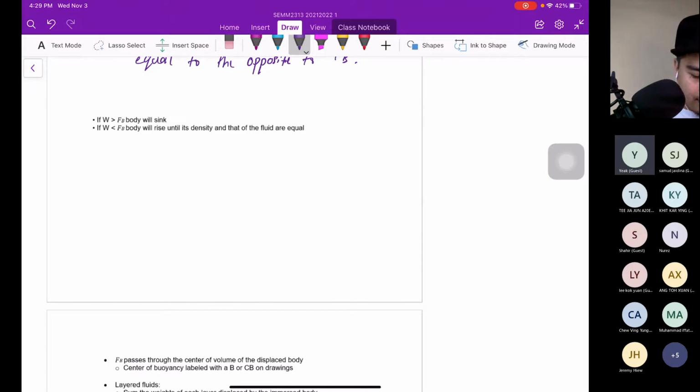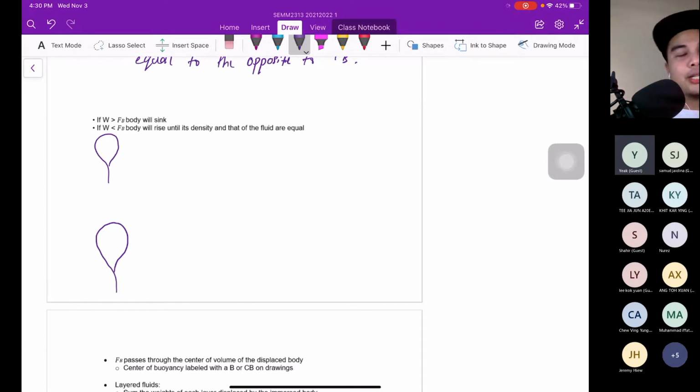For example, we have the balloon. This is the helium balloon. When you let go of your hand, it will move upward until at a certain altitude, it will stop.